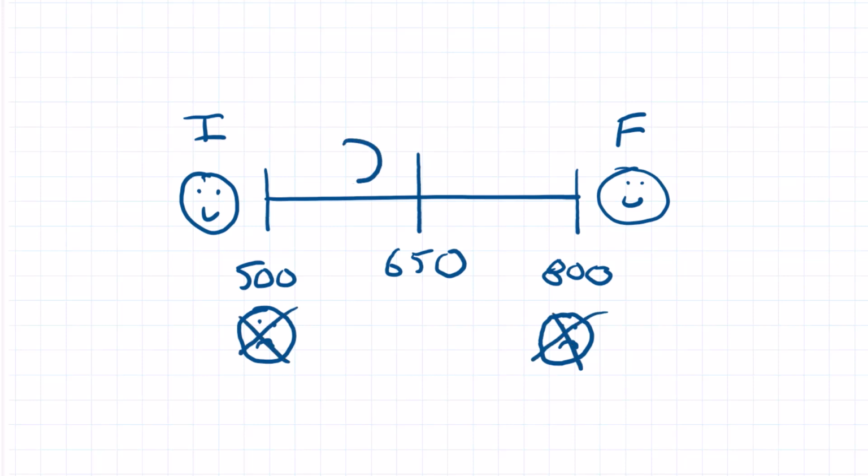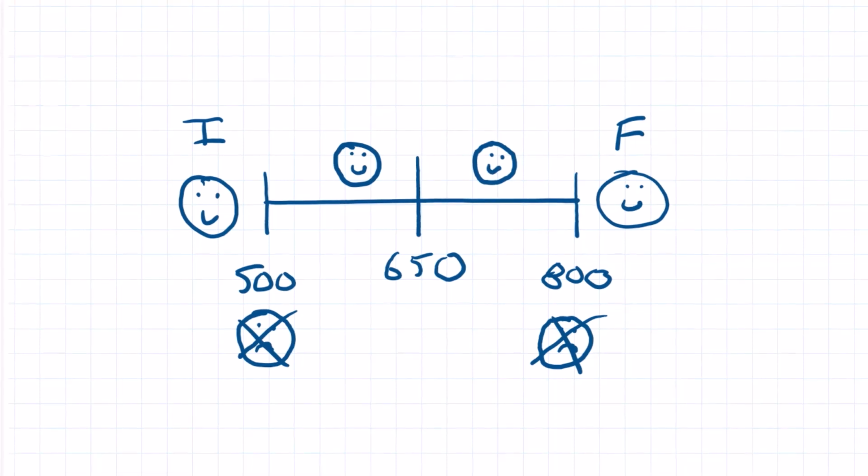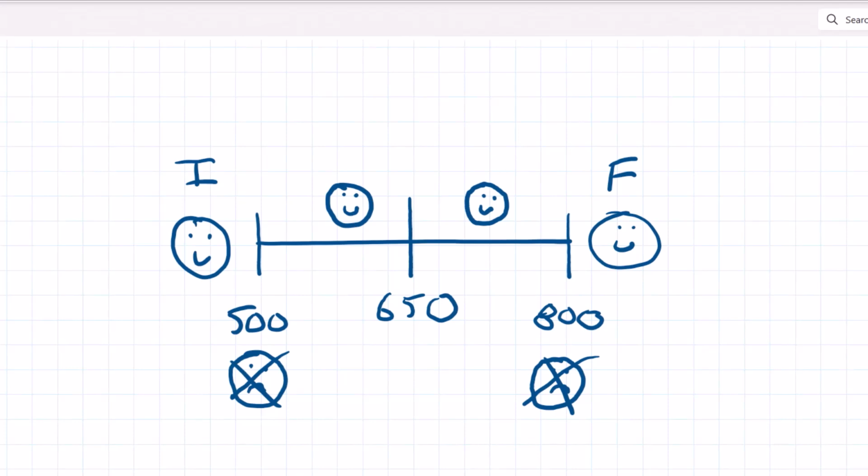Mr. I would say, that's awesome. I'm making incremental contribution now of $150. Of course, that goes to profits. So I'm $150 richer from that. Mr. F is going to say the same thing. Wow, I'm now making $150 on my external sale of my final product. So we're both happy.